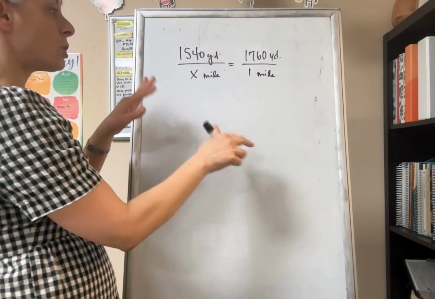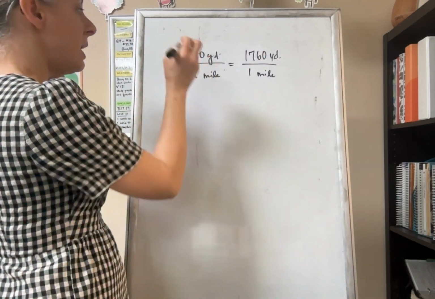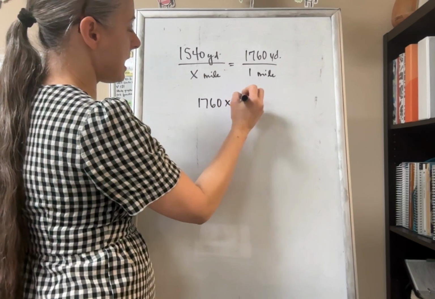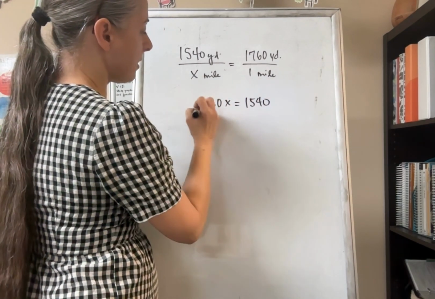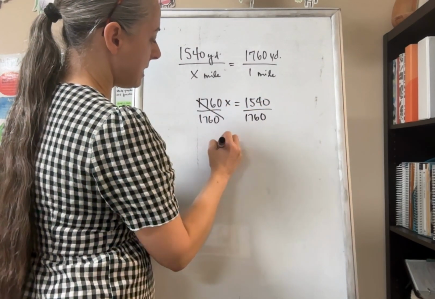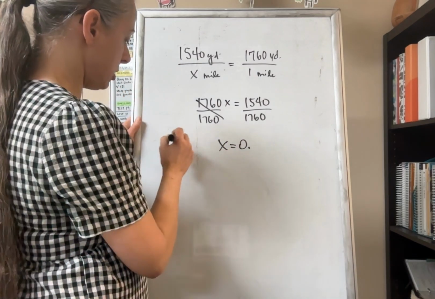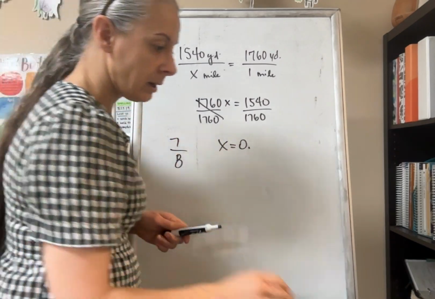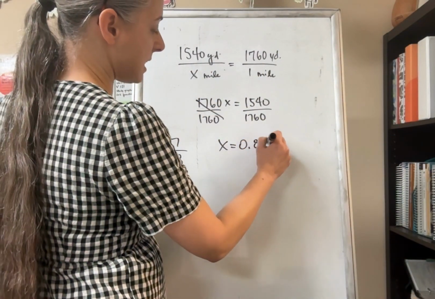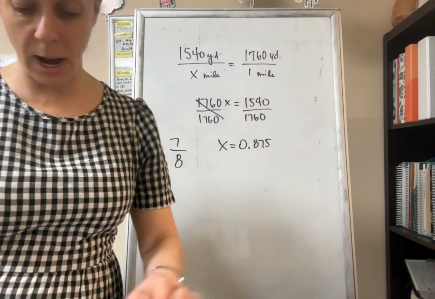So I'll make a proportion with miles in the numerator and miles in the denominator and yards in the numerator, and I'll cross multiply. And I'll get 1,760x equals 1,540, and then I'll divide both sides by that and see that he ran 7/8 of a mile, which is 0.875, 875 thousandths of a mile.